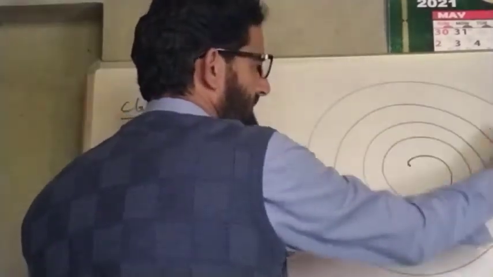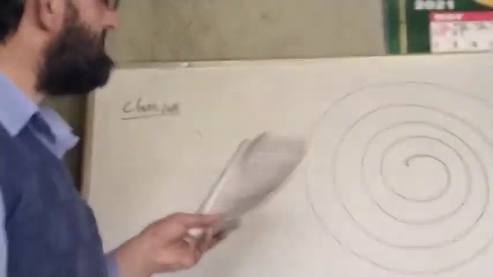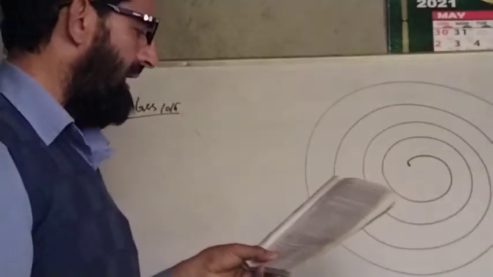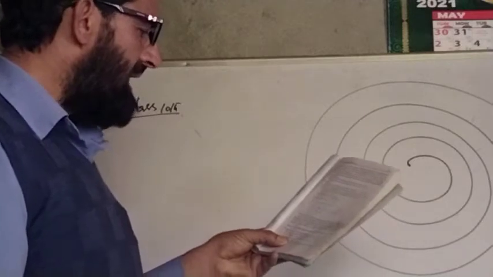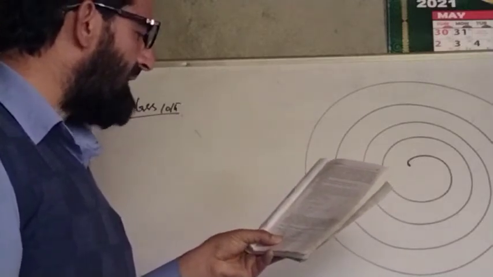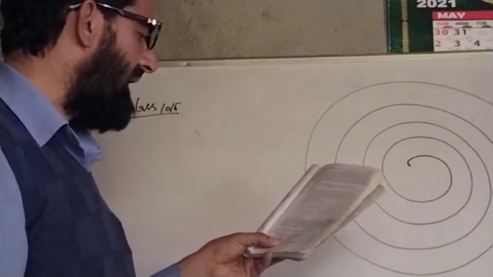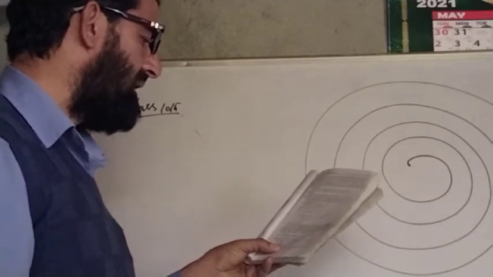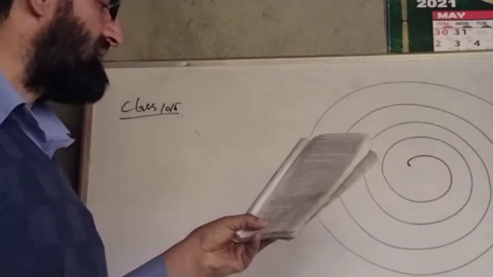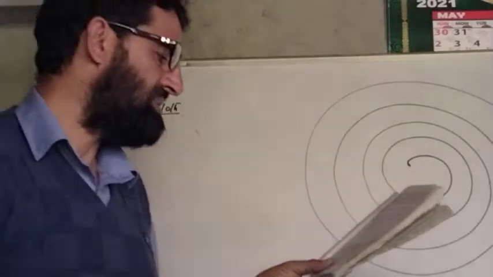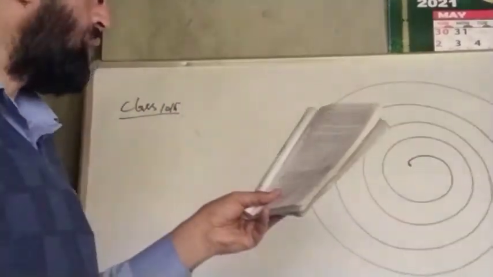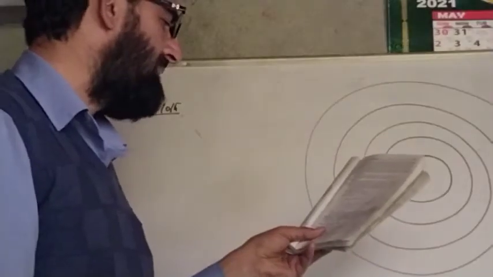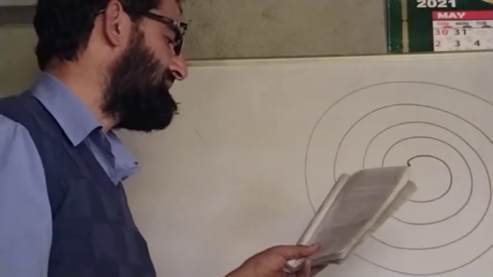These are the semicircles, with the centers alternately at A and B, starting with A as center, of radii 0.5 centimeter, 1.0 centimeter, 1.5 centimeter, 2 centimeter, as shown in the figure. What is the total length of the spiral made up of 13 semicircles?